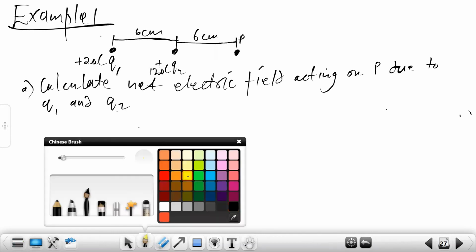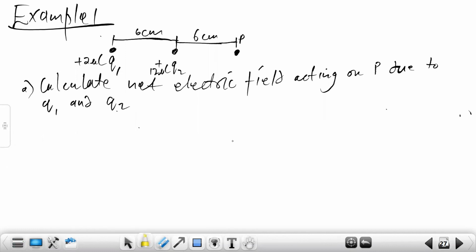So the question is specific. They want us to calculate the net electric field strength experienced by P due to Q1 and Q2.